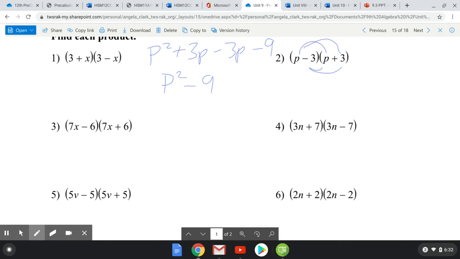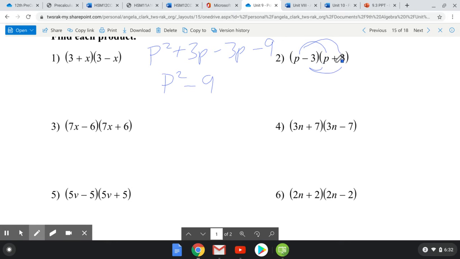Now the name difference of squares might start making a little bit of sense, because notice this is one perfect square, and I'm subtracting another perfect square. So here's the pattern. I have the same thing in front and the same thing as the second term. The first terms are the same, the second terms are the same.